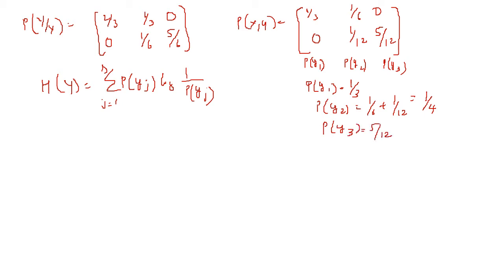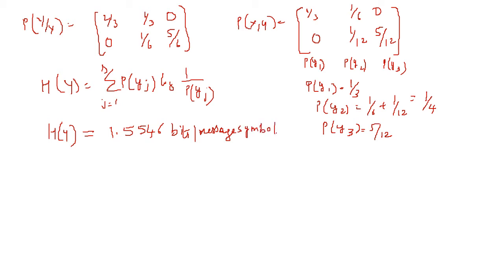Substitute these probabilities here and find H of y. After substitution, H of y will be 1.5546 bits per message symbol.